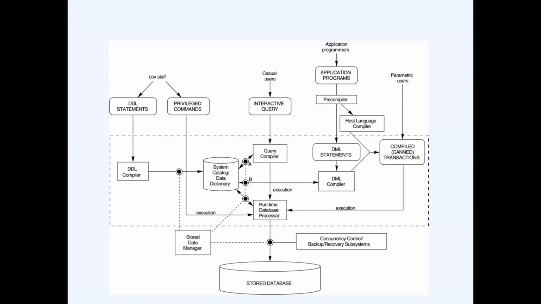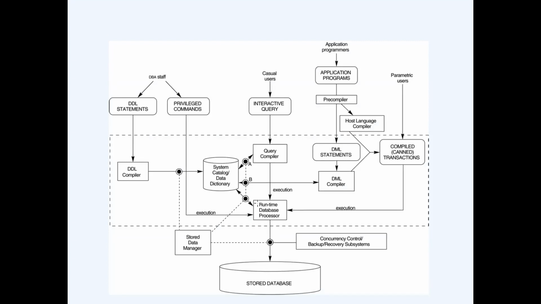Right. So let's look at the whole structure of a DBMS. One thing I hope you remember from before is that we normally have data and we have metadata, right? So data about data. What you see here is different types of users and how they are accessing the data.